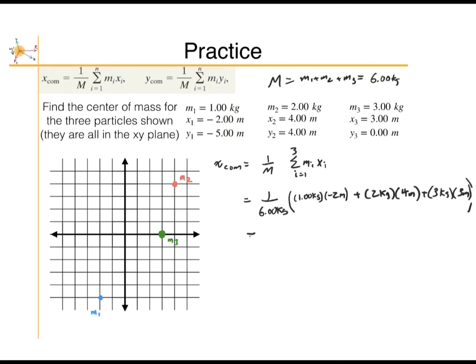So that ends up being 1 over, I'm just going to write 6 kilograms times, looks like 1 times -2 is -2 plus 8, so that's 6 plus 9, so that is 15.